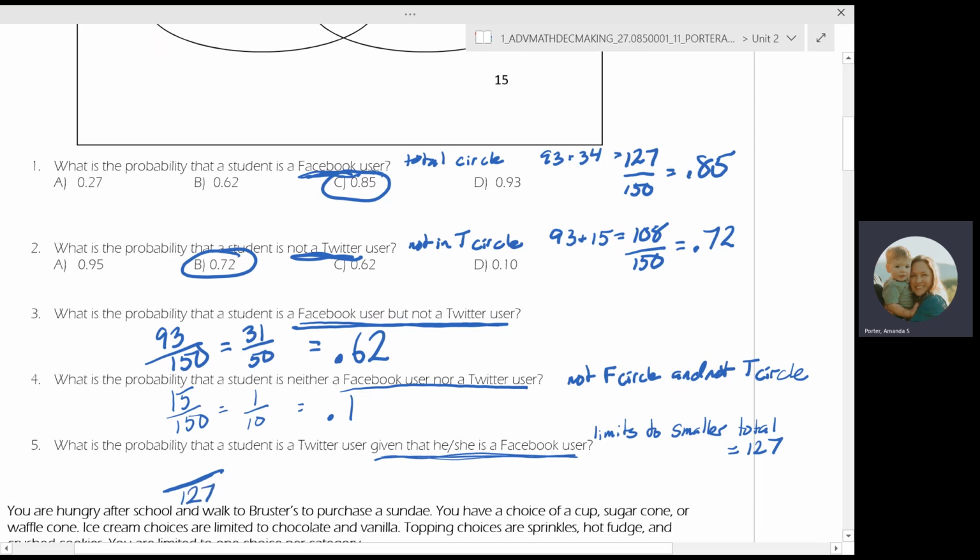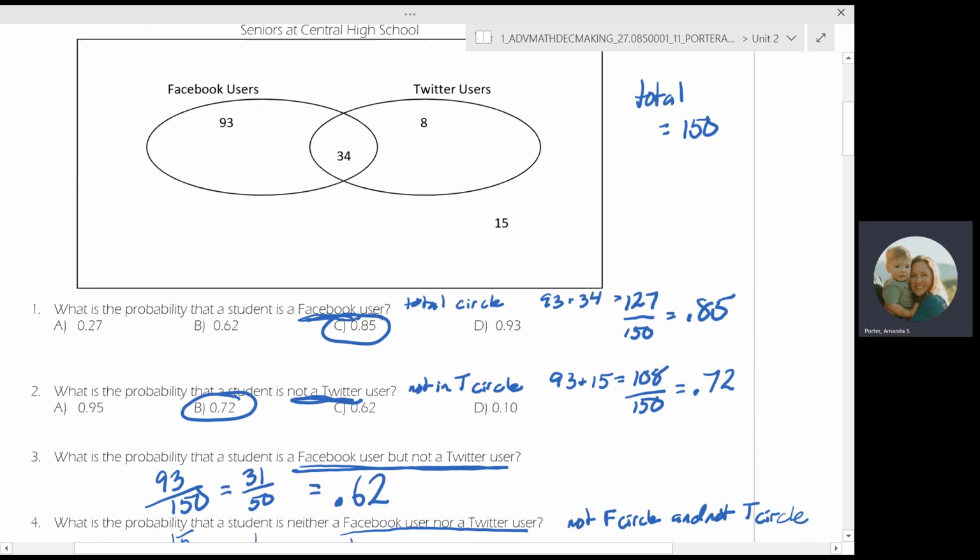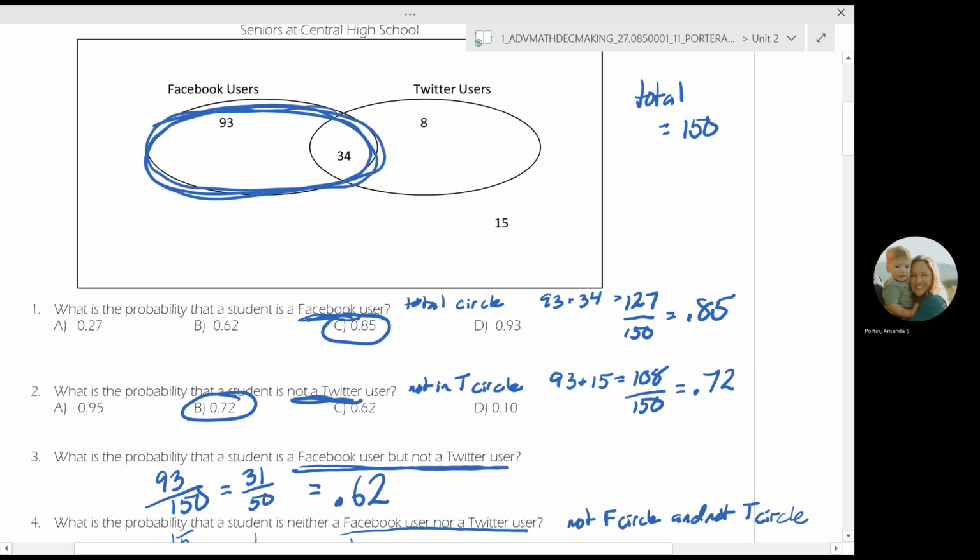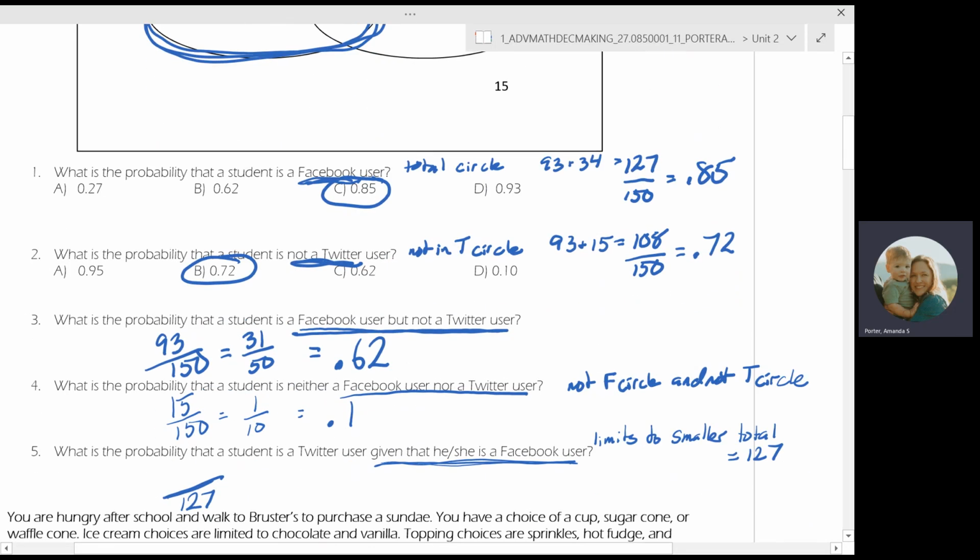Now within that 127, if I come back up here and look, I want Twitter within that 127. I am only looking at these numbers. It's like the rest of the numbers don't count. So out of those numbers, the 93 and the 34 are also considered Twitter. So my probability is 34 divided by 127.